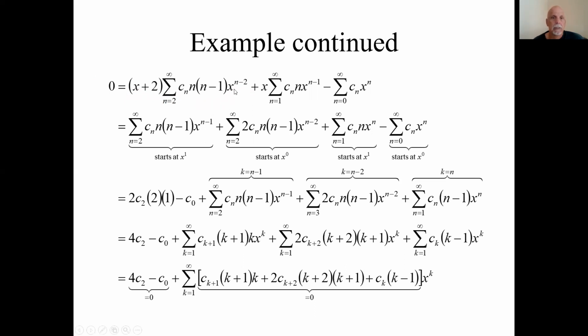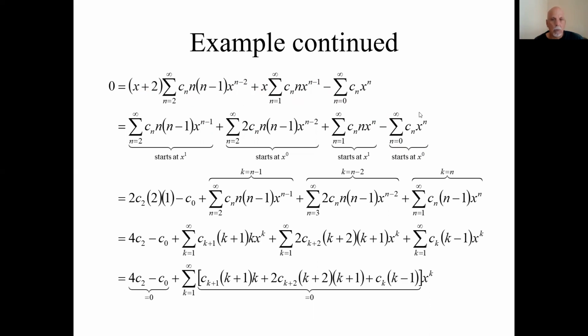So we'll go from n-2 to n-1. Then the plus 2, and everything else is the same as it was here. Now for this sum, we bring in this x, so we raise that power by 1. So n-1 becomes n. And minus, nothing was in front here. This is all the same.